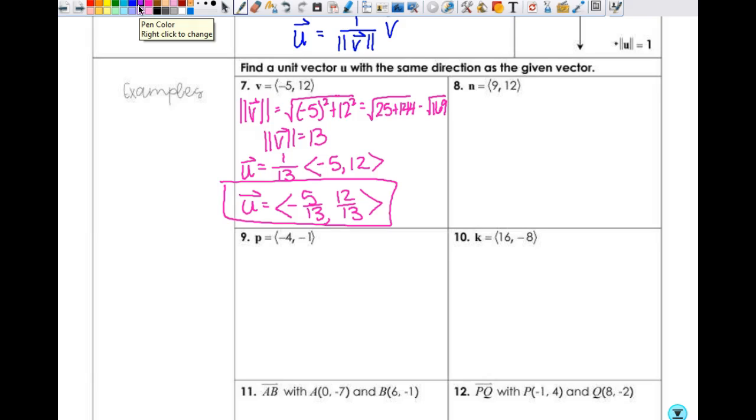That is not even close to a lot of work. Help? Start by finding the magnitude. I know. Yes, you're doing the next one.